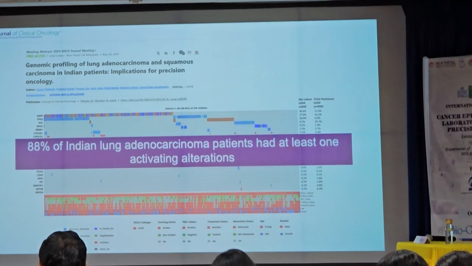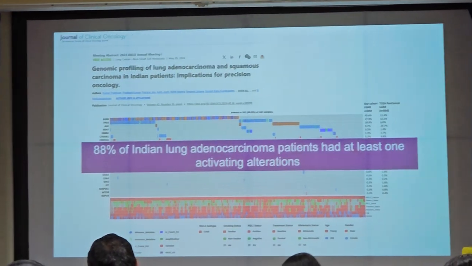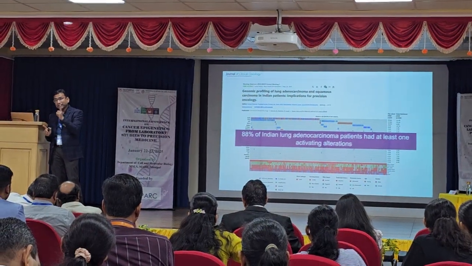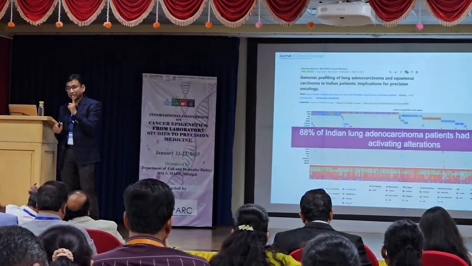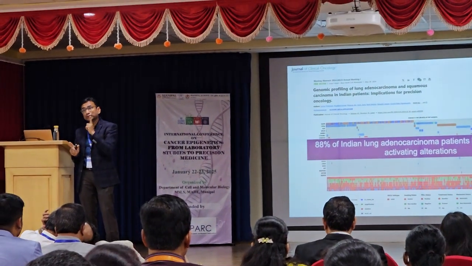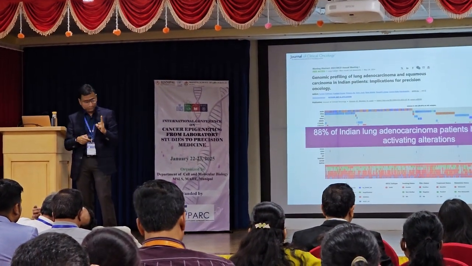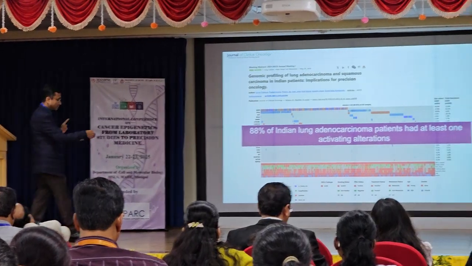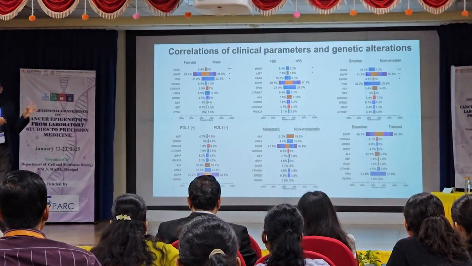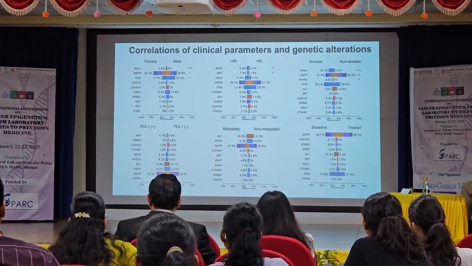So if any patient presents in the clinic with lung adenocarcinoma, you may definitely identify in at least 88% of the patients a mutation that you can target. There is a drug which could target a mutation. Okay, I will just skip. These are much more detail about the correlation.